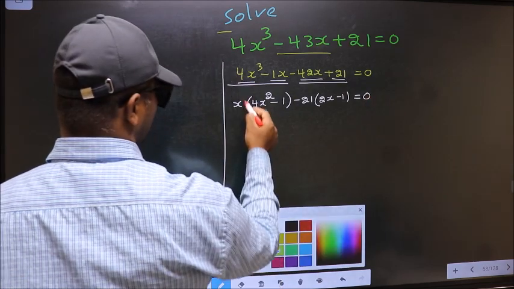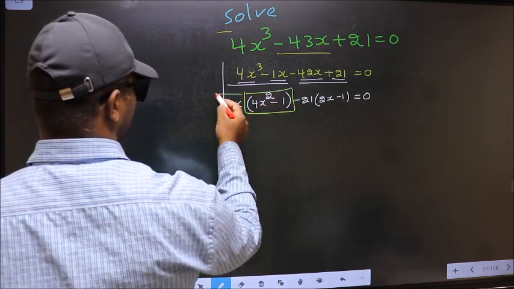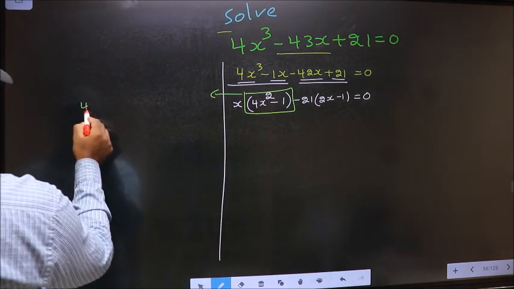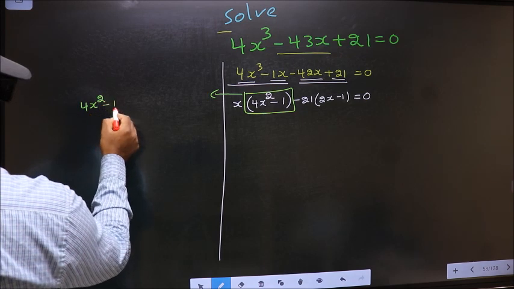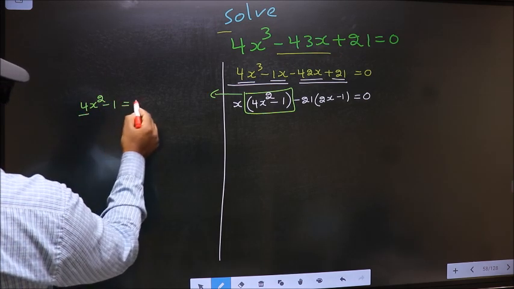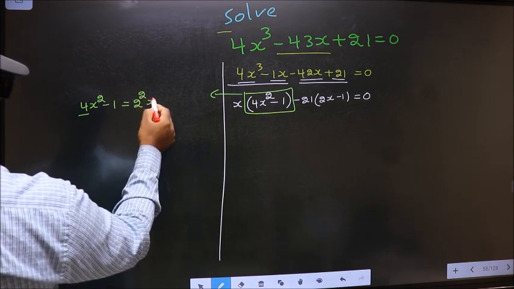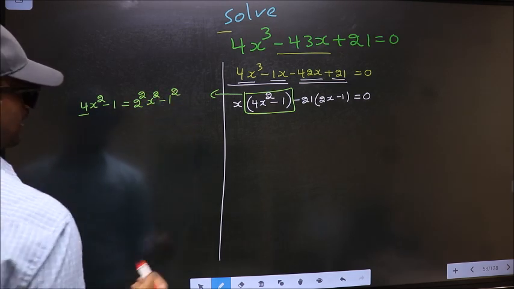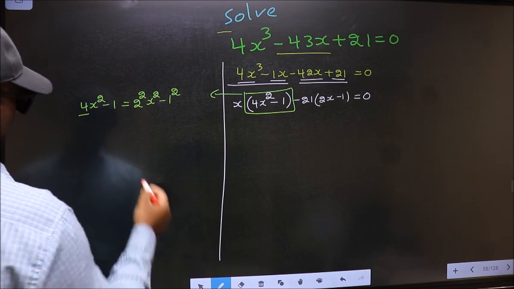Now this quadratic I will simplify it here. That is 4x square minus 1 equals 2 square x square minus 1, and even if we put the square on 1 it remains the same.